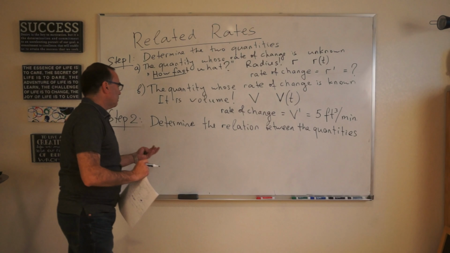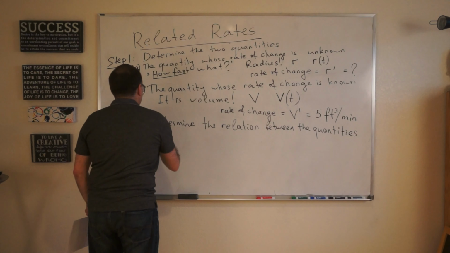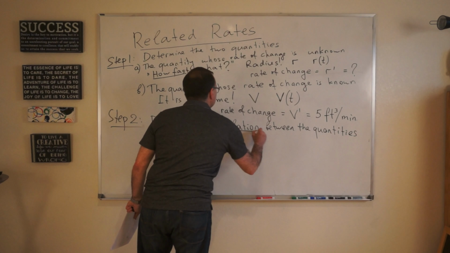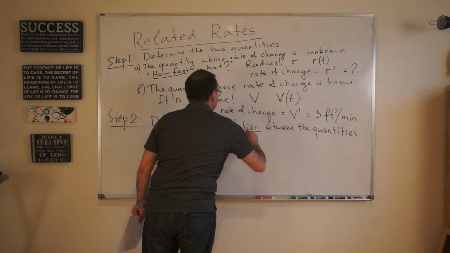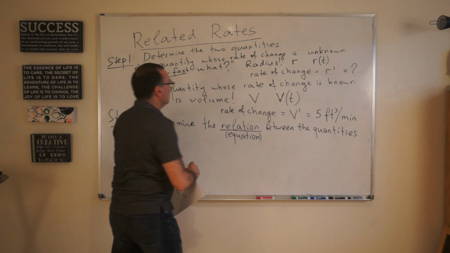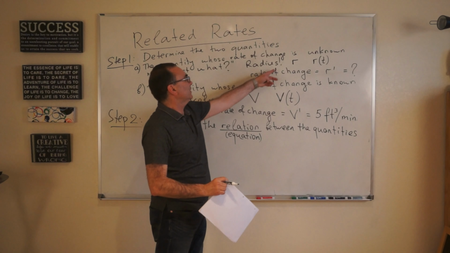Now it's supposed to be a formula, an equation. So relation, in this context, means equation. So it's supposed to be an equation connecting volume to radius.